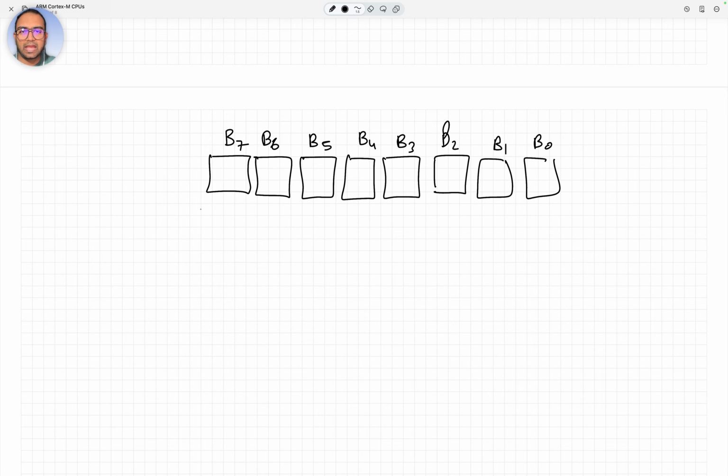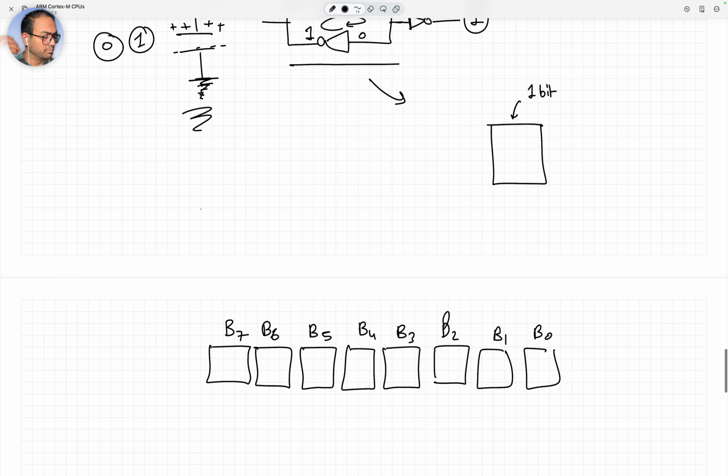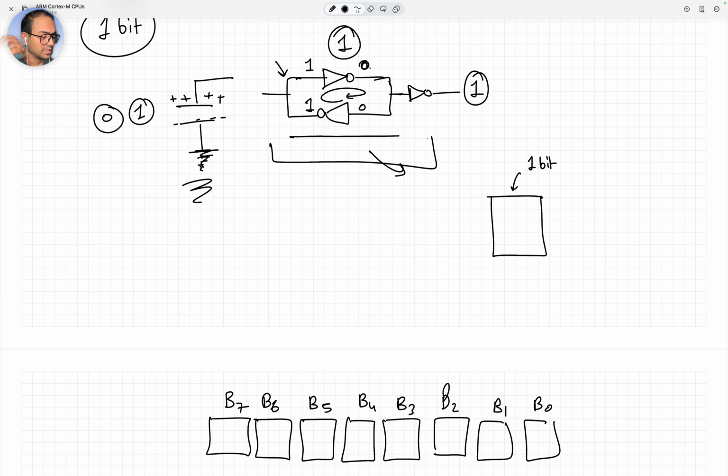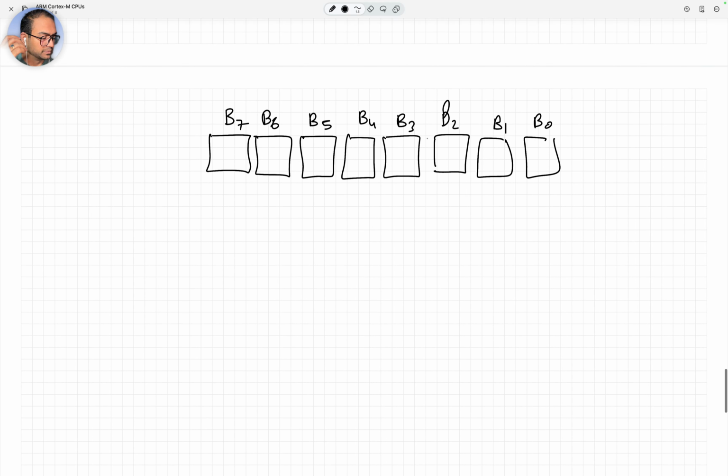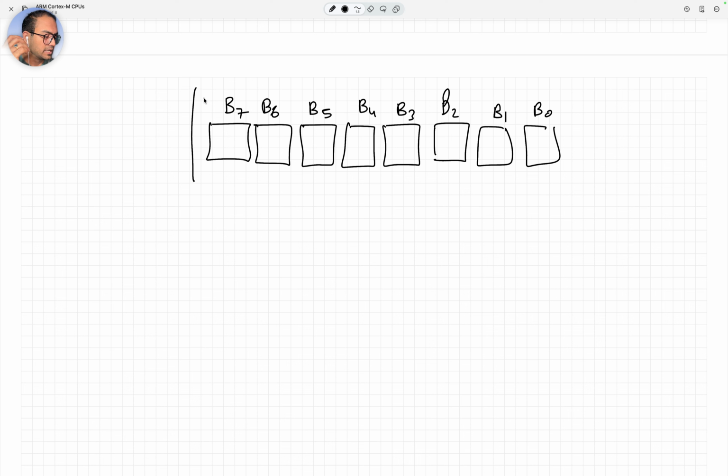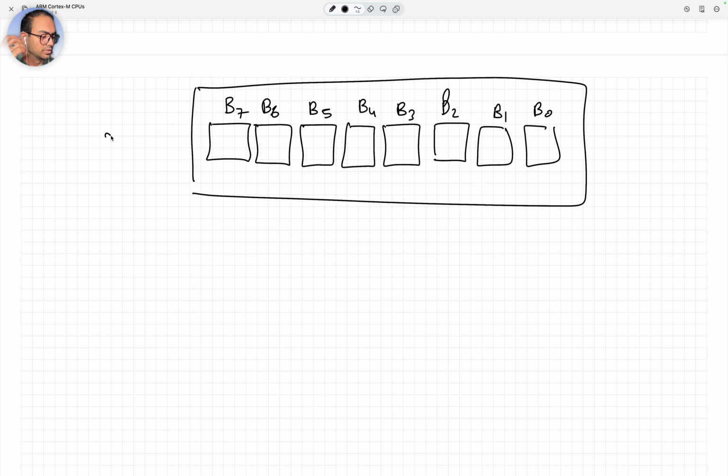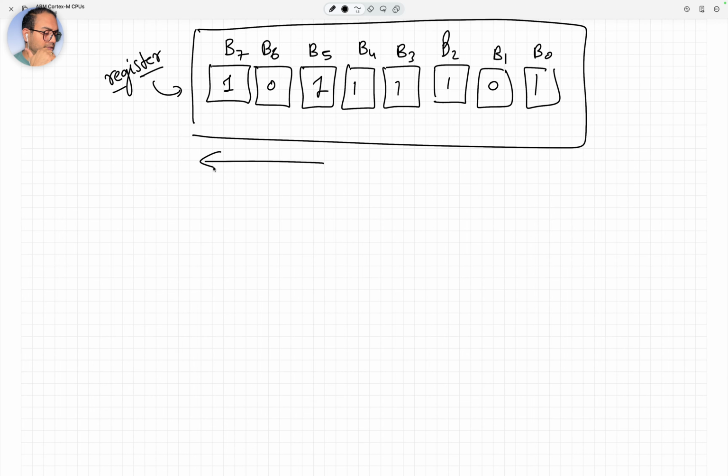These 8 bits, which you're supposed to imagine like so, for our purposes we call this entire bunch a register, right? And then if we have a value like 1011101 represented, we say that this register is representing an 8-bit value. Okay, so now we call this an 8-bit register.